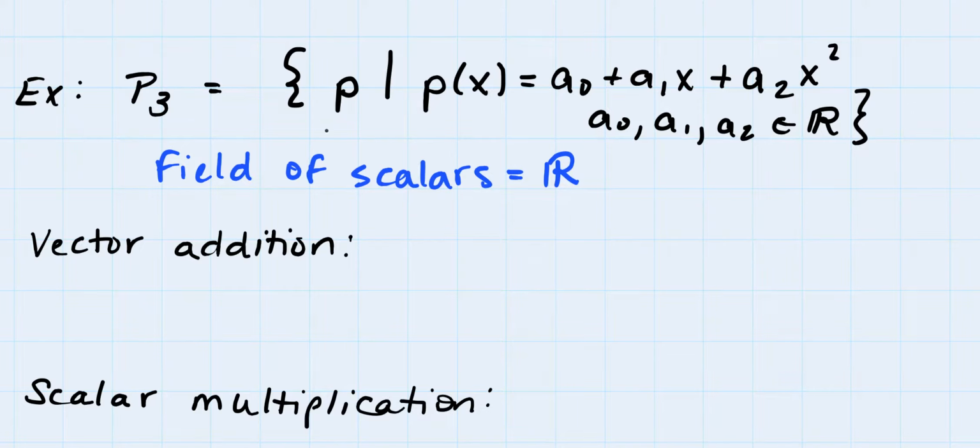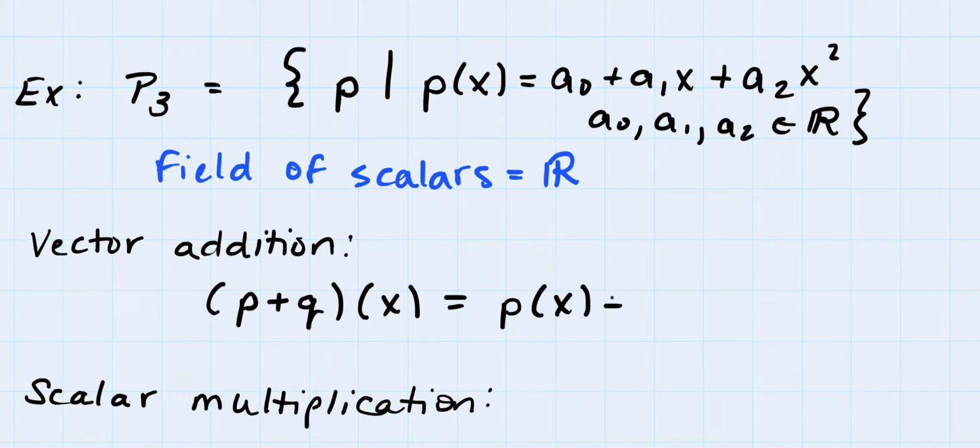This is a vector space with the following vector addition and scalar multiplication. So our elements in our vector space, P sub 3, or our set, they look like this, p and q, but we evaluate them at a point. So vector addition, how we add p and q: when we evaluate it on x, we're going to evaluate p on x and add it to q of x.